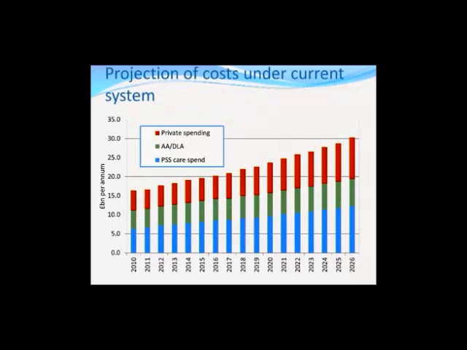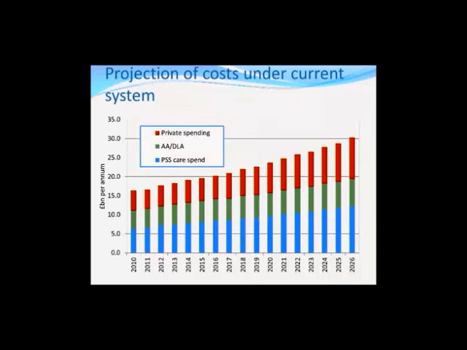That was numbers of people with levels of need. This is in terms of expenditure, broken down by private expenditure, the red bit, attendance allowance, disability living allowance, the disability benefits, and then personal social services care expenditure for all the people.